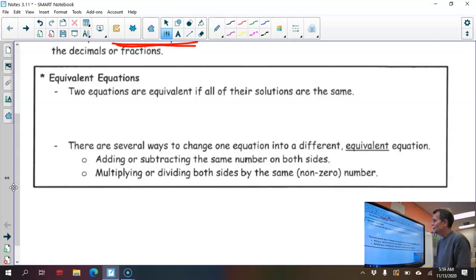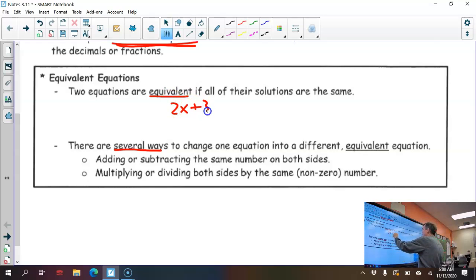It says here that two equations are equivalent if all of their solutions are the same. Well, there are several ways to change one equation into a different equivalent equation. You guys already know this. If I have 2x plus 3 equals, I don't know, how about 17?